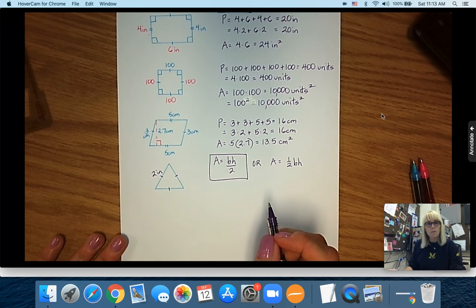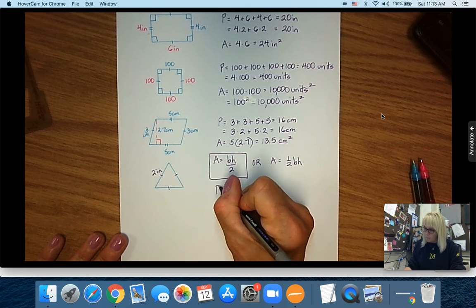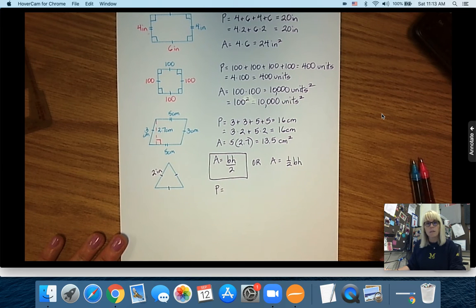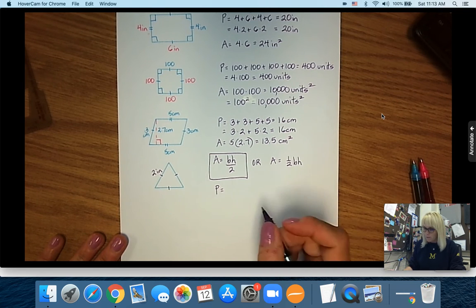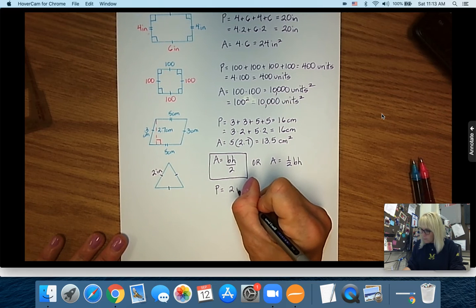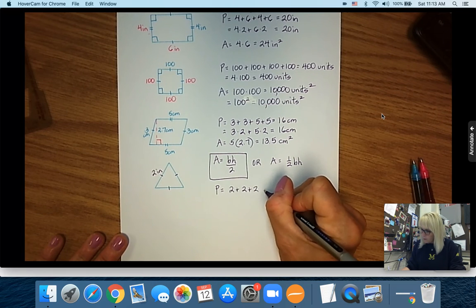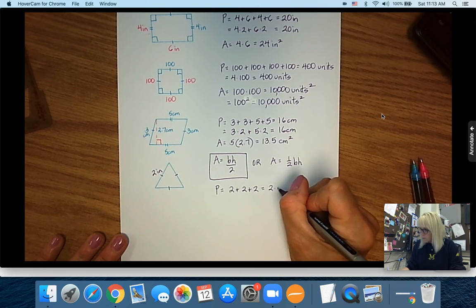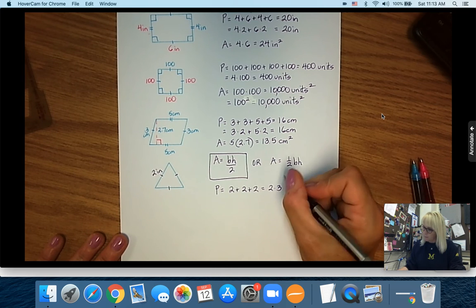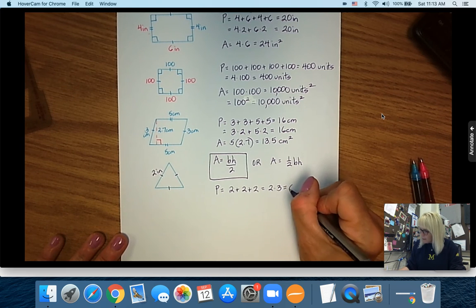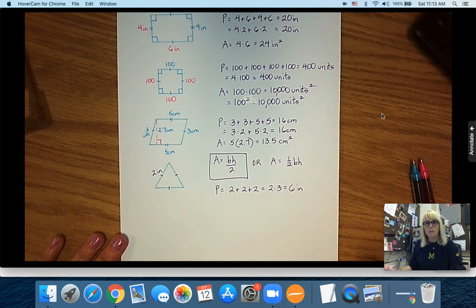So I'm going to pause the video and have you find the perimeter of this triangle. Okay, coming back, if all 3 sides are the same, they're all 2 inches, we do 2 plus 2 plus 2, or 2 times 3, or 3 times 2. They're all the same. Perimeter, 6 inches.